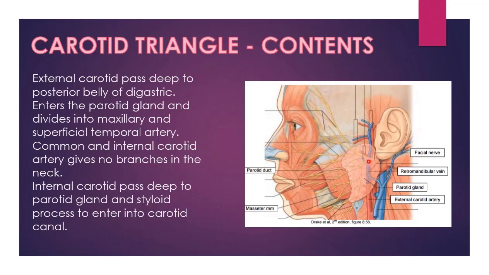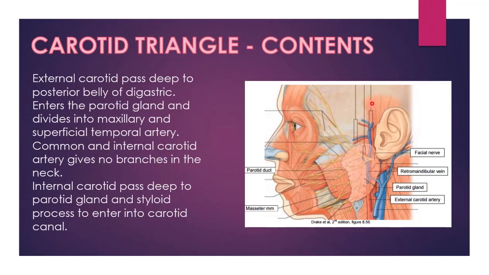enters the parotid gland and divides into two terminal arteries, superficial temporal and maxillary artery. Superficial temporal and maxillary artery are the two terminal branches of the external carotid artery. The external carotid artery totally gives 8 branches, of which 2 are the terminal branches.